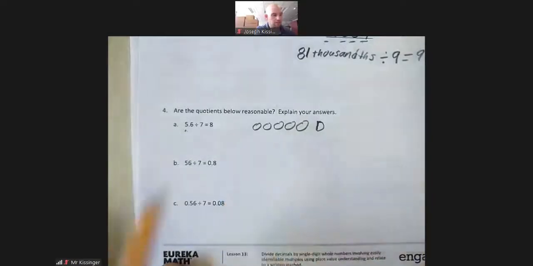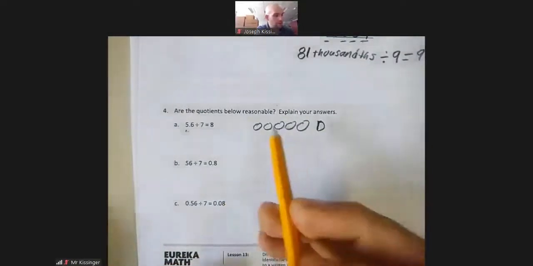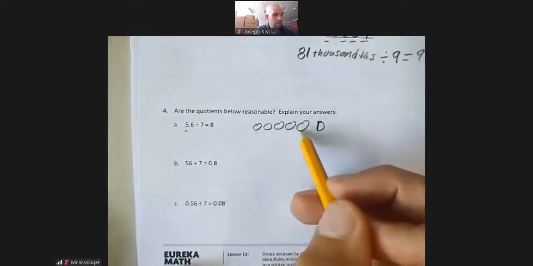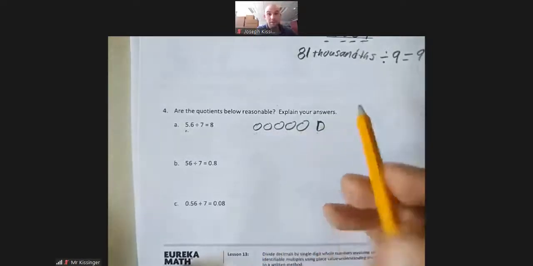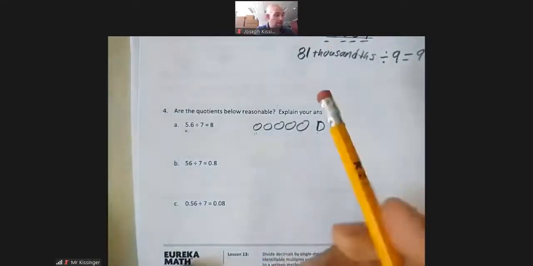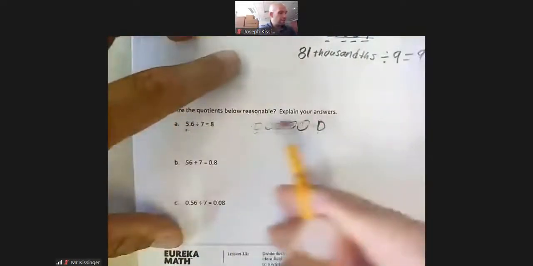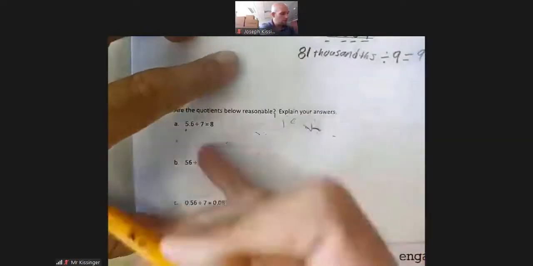If I want to split this into 7 groups, will I have a whole number? I have 1, 2, 3, 4, 5, and a little bit. I'm not going to be able to split that into 7 groups and have a number larger than 1. So I know that I'm not going to have 8 as a quotient.